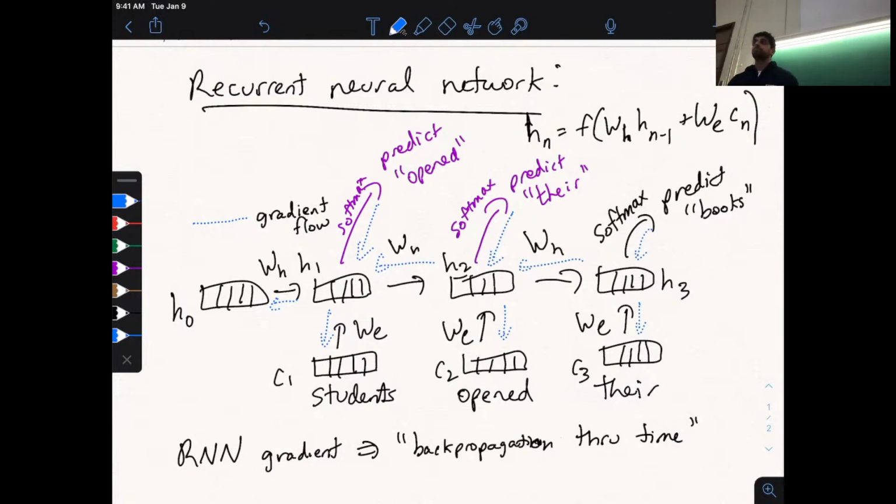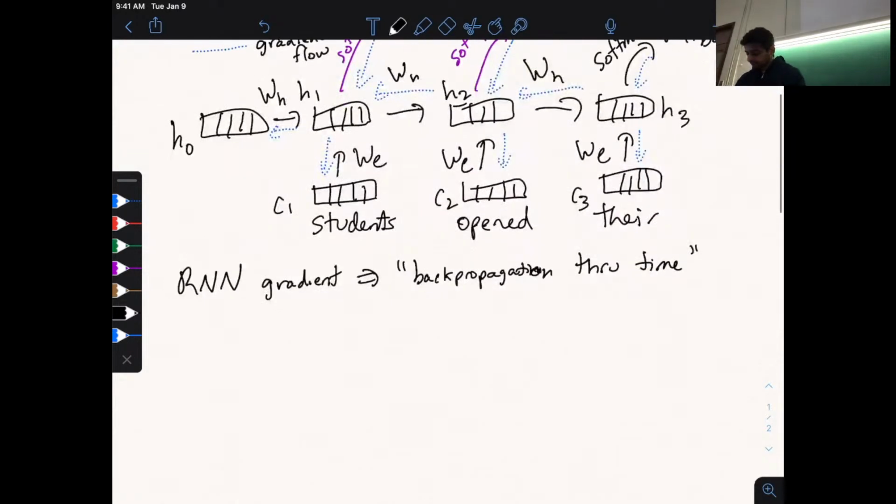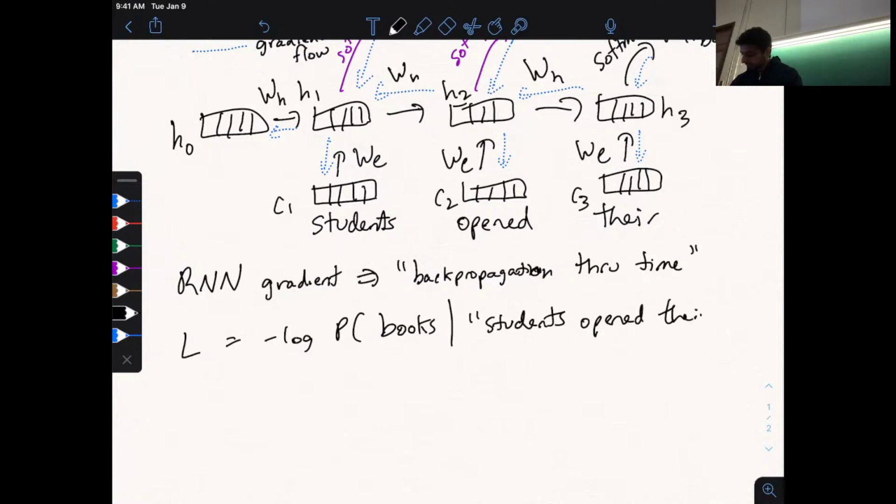Is that clear? Okay, but then we also have to talk about what happens when we have multiple losses being computed at each time step. So remember before, we looked at the loss as the negative log probability of books given the prefix, students opened their, right?